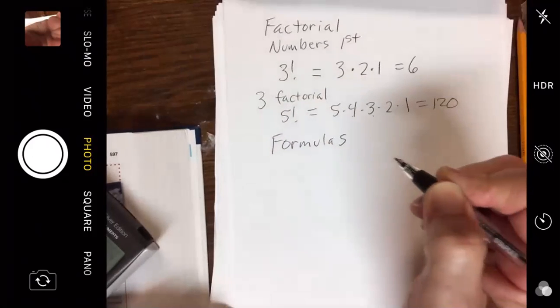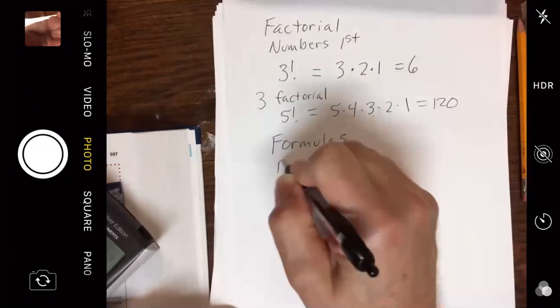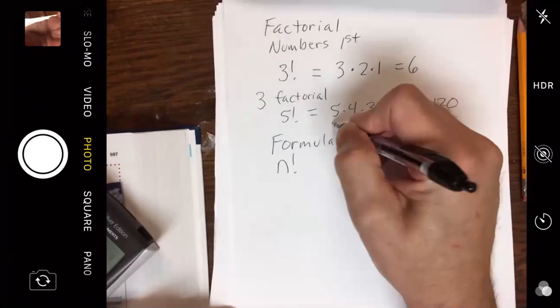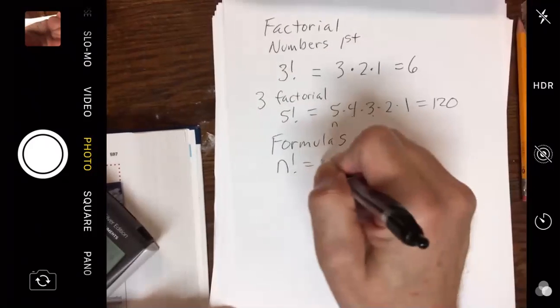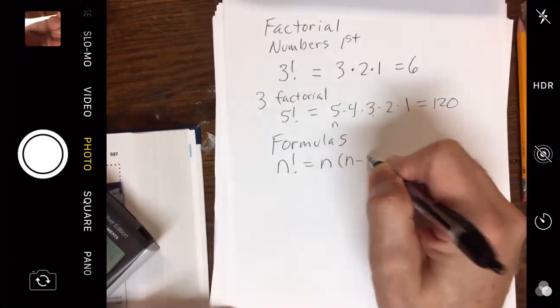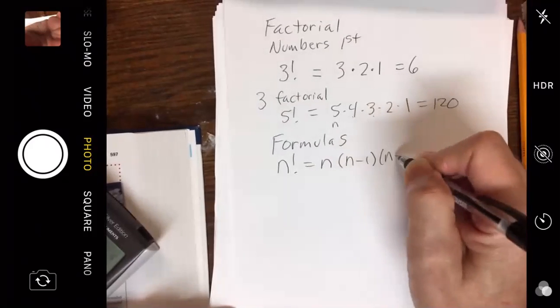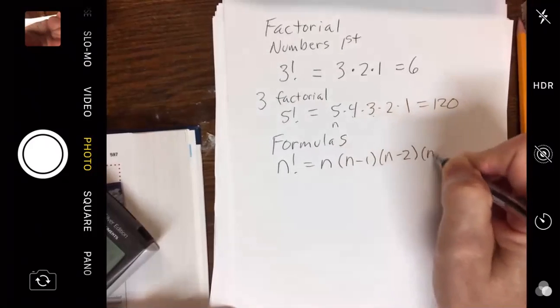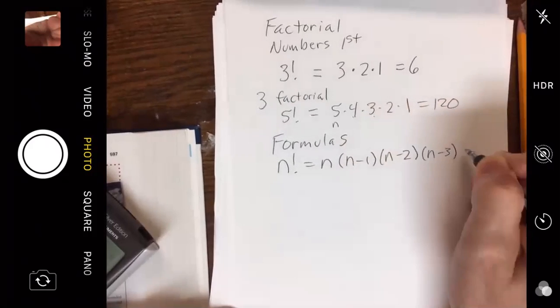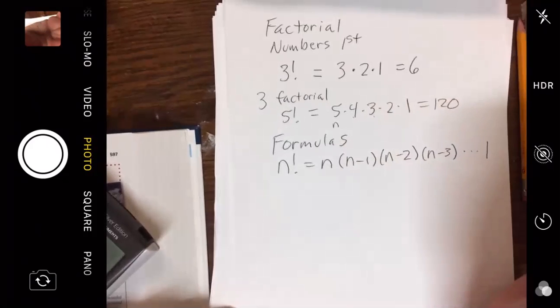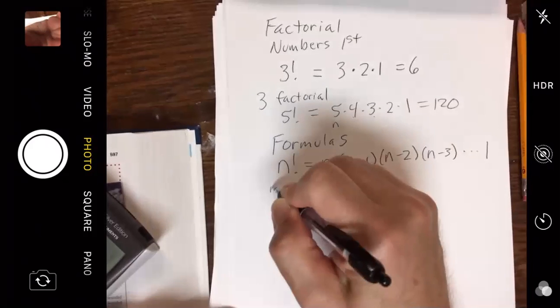So if I do a generic n factorial, this means my lead number is n. So I start with that n, and I multiply by 1 less than that, 1 less than that, until I get back to 1. This is read n factorial.